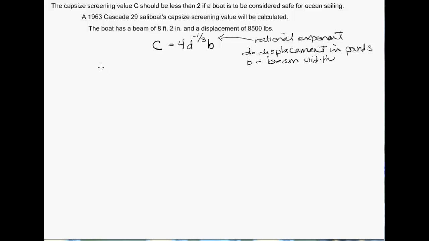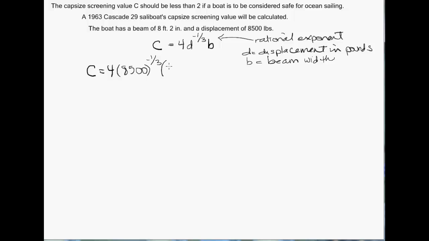Alright, so let's go ahead and do that. D is the displacement, which is 8,500 pounds. And B is the beam width, which is 8 foot 2 inches. Well, that has to all be in feet, so we need to convert the inches into feet.